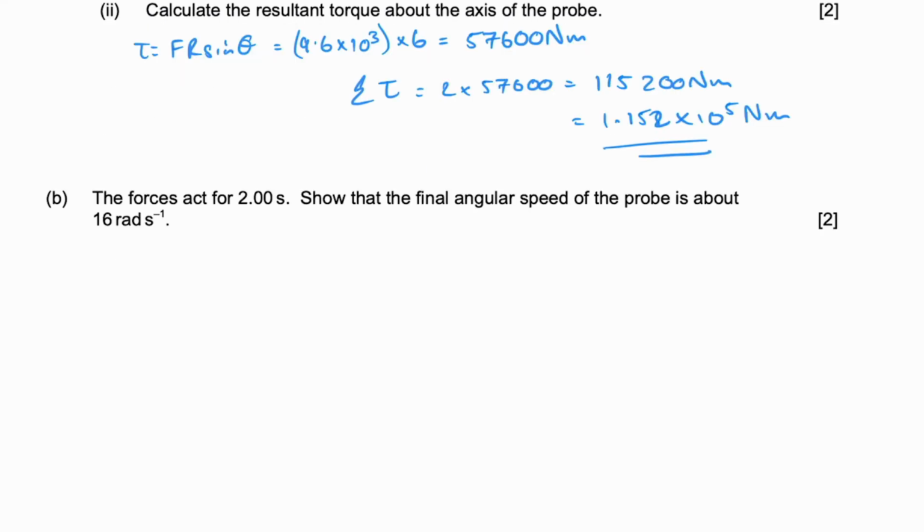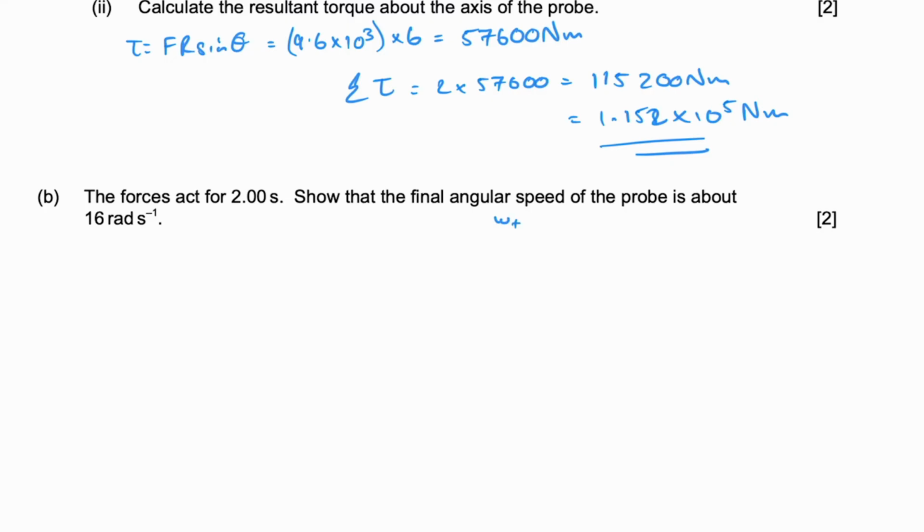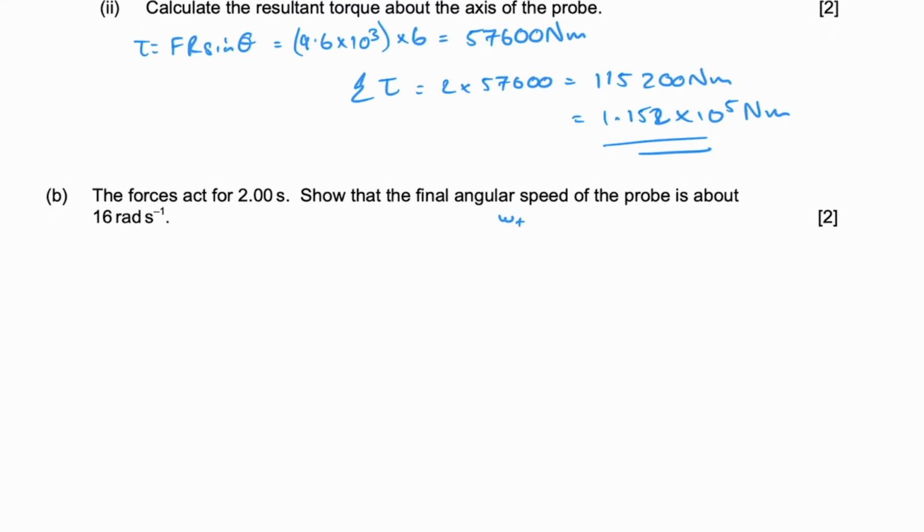The forces act for 2 seconds. Show that the final angular speed of the probe is about 16 radians per second. I think we're going to use our equations of motion for angular properties. We know the time, and that initially it starts at 0. We want to find the final angular speed.